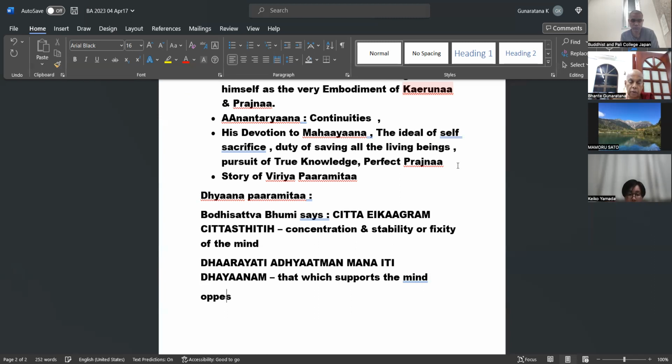It opposes. What is opposing, right? Vikshepa. Vikshepa means distraction.